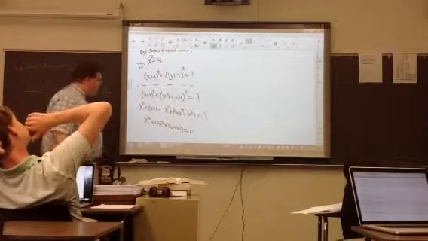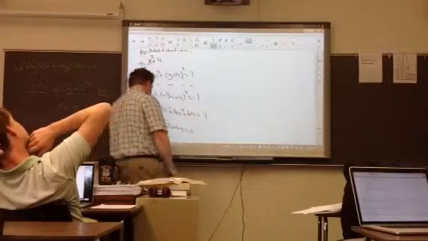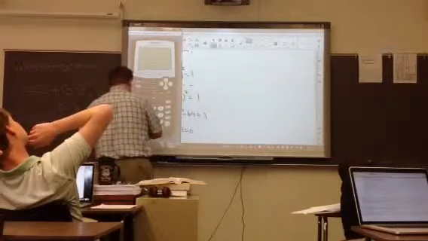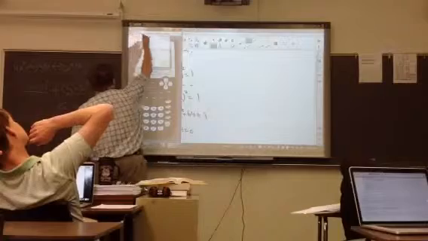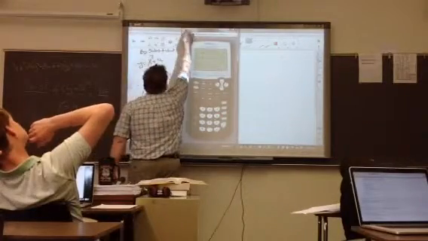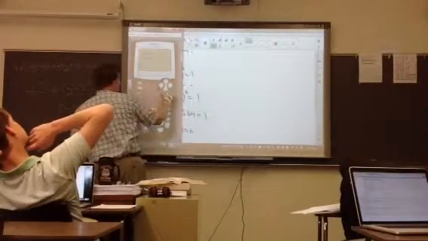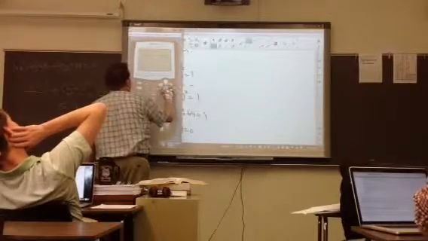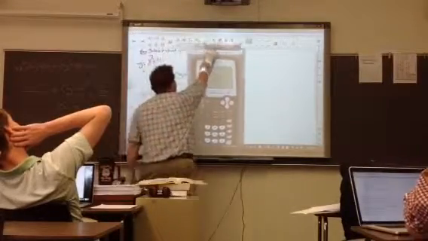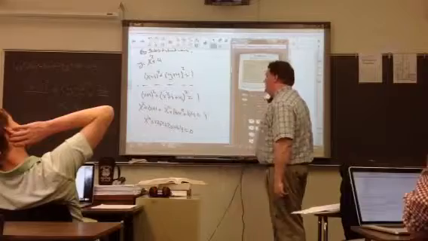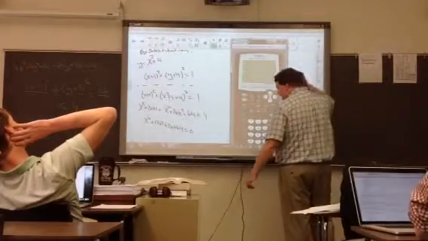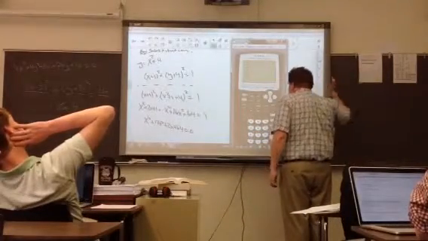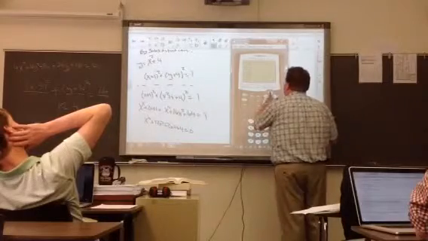To speed things up, all I'm going to do is use my calculator, okay? So I'm going to bring up the calculator. And what I can do with the calculator at this point is put in x to the 4th plus 17x squared plus 2x plus 64 and see where it crosses the x-axis. Okay?